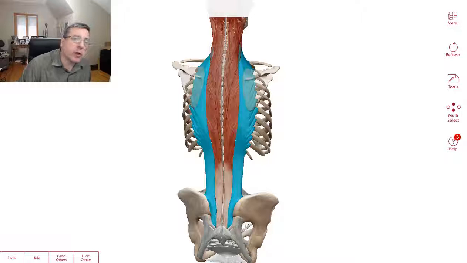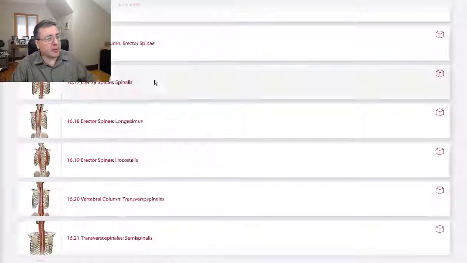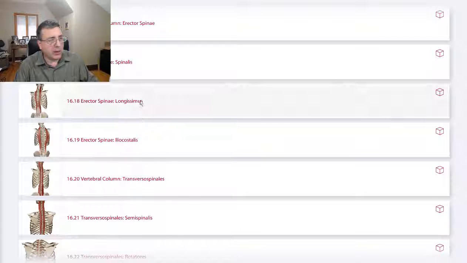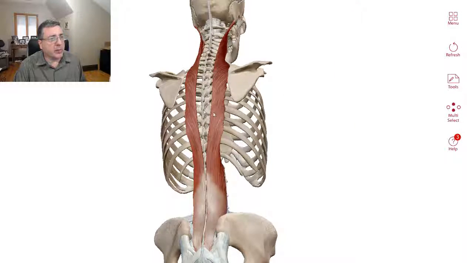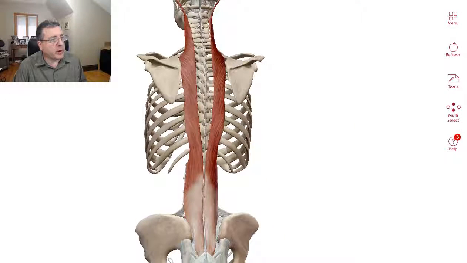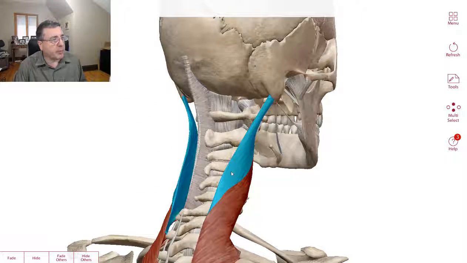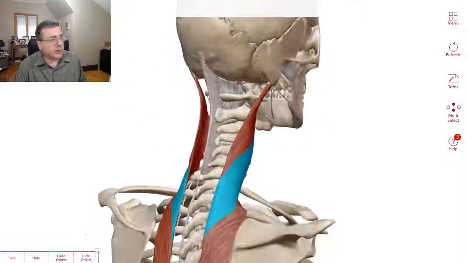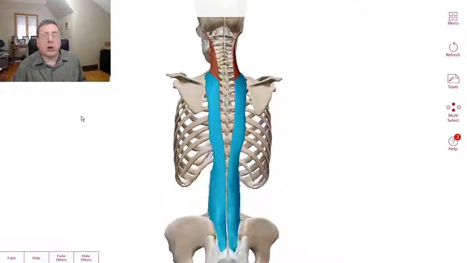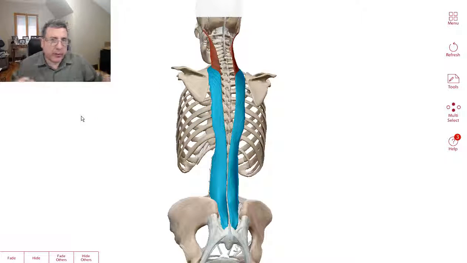And the next 3 essentially just point out what I just showed you here, but they break it down into different ones. So here's the longissimus, just that one, okay? And you can see on here we have capitis, so we've got the part way up at the neck, cervicis, and thoracis. We're not going into that much detail in our class.